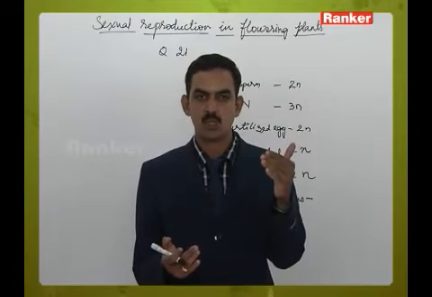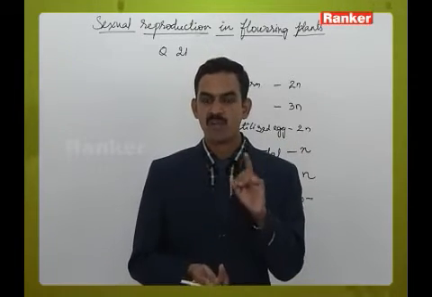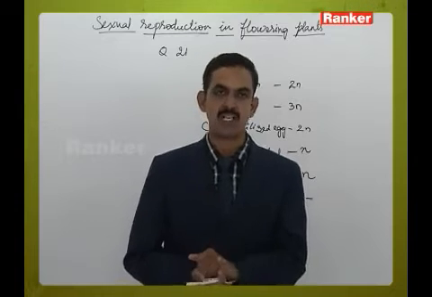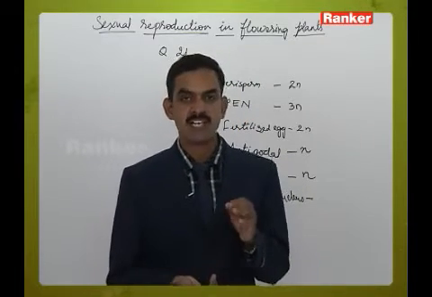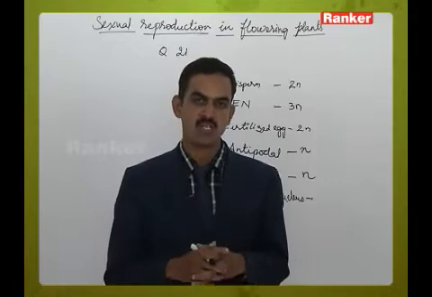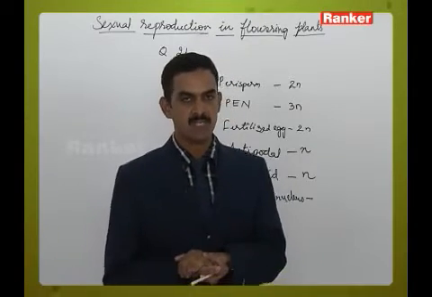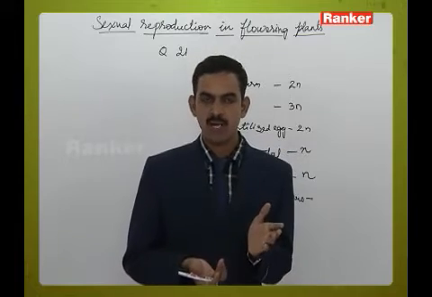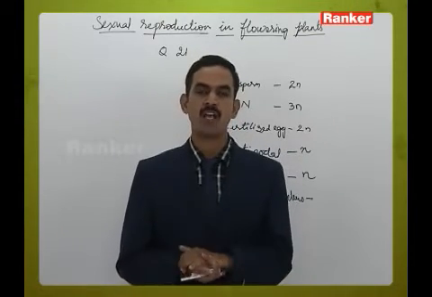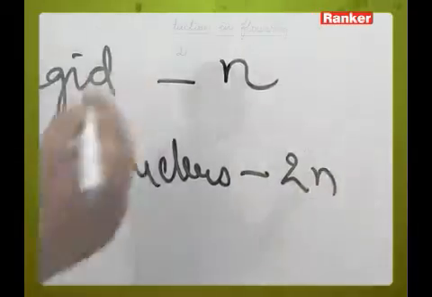That means 3 cells towards the micropyle and 3 cells towards the chalazal end. And one more cell is present in the center, which is called the secondary nucleus. This secondary nucleus is formed as a result of the fusion of two polar nuclei, one coming from the upper side and one from the lower side. These two polar nuclei are haploid, and they fuse to form a diploid secondary nucleus. So this secondary nucleus is diploid.